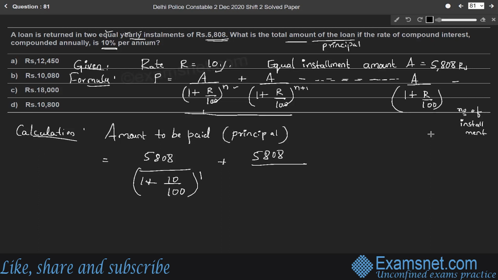Therefore, plus 5,808 by (1 plus 10 by 100) to the power of N plus 1, which is 2.